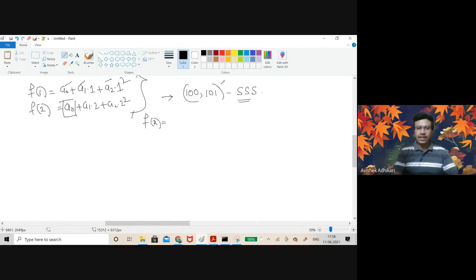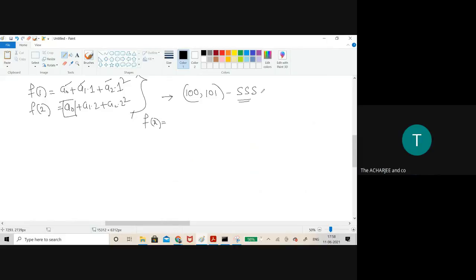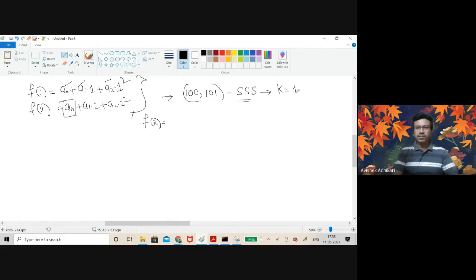For a secret sharing scheme there must be some secret. So what is your secret? Tell me some value. Suppose K is equal to 1. Okay, so the secret is 1. So the dealer will choose A0 as his secret, so 1 plus A1 x plus dot dot up to A k minus 1.